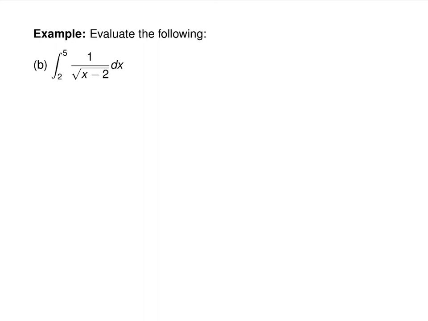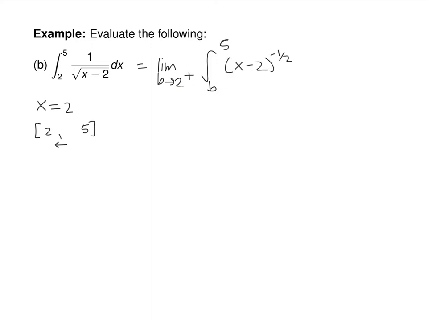All right, next let's consider this one, 1 over the root of x minus 2. So once again, the problem point is our lower bound. So x equals 2 is the problem. So we have to come at 2 from the right side. So that's the limit as b goes to 2 from the right of the integral from b to 5 of x minus 2, the quantity raised to the negative 1/2.